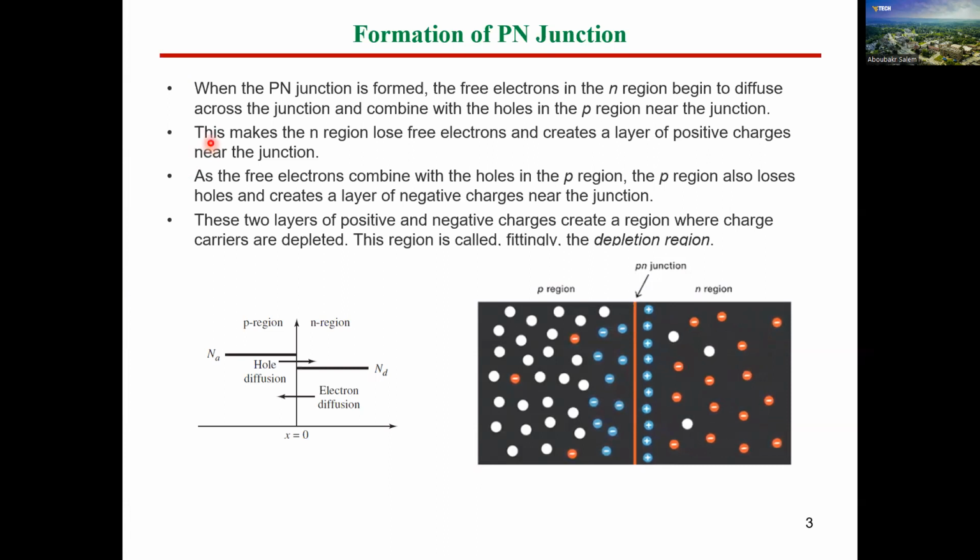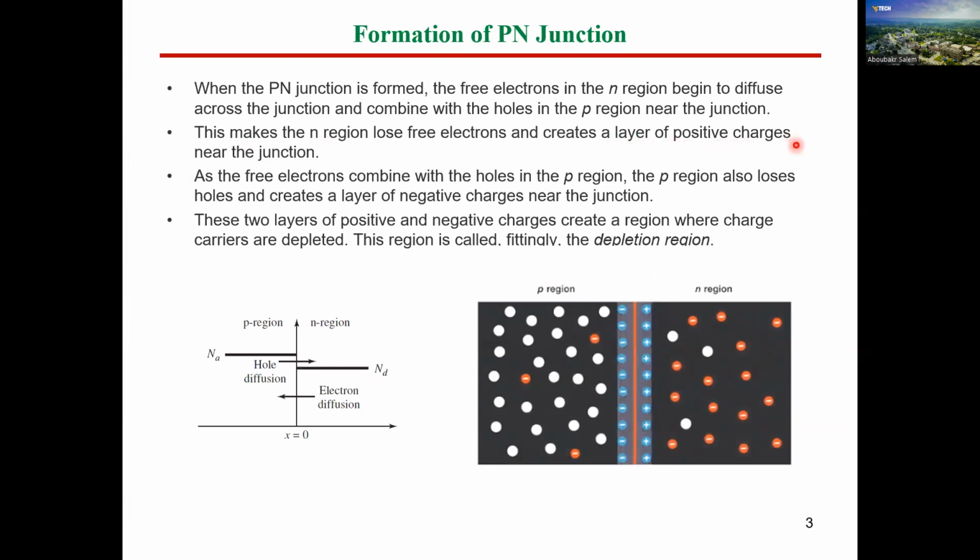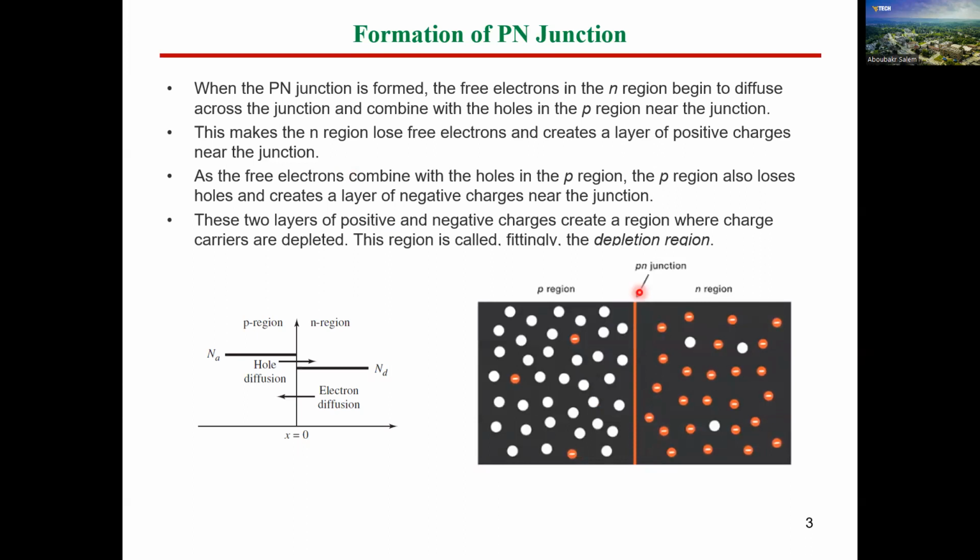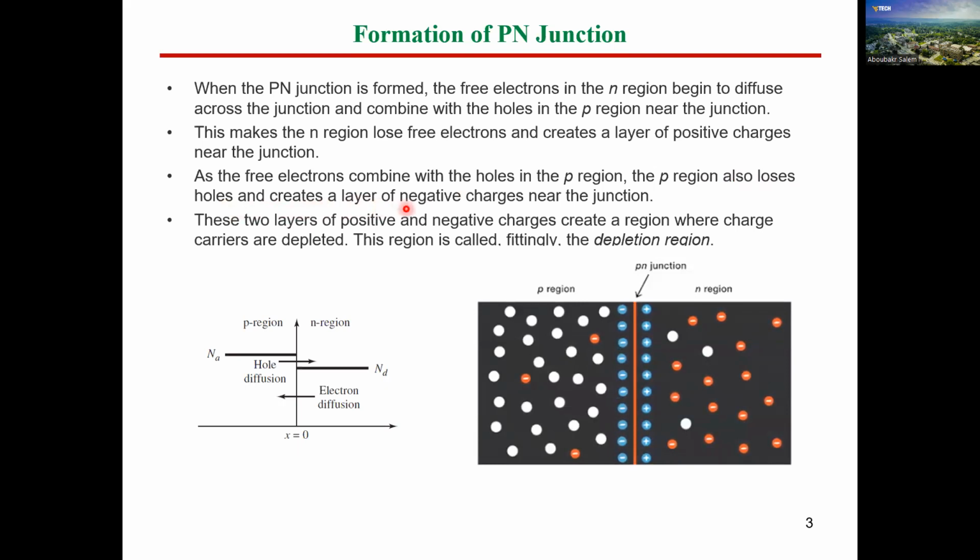The discussion again here: this makes the n region lose free electrons and create a layer of positive charges near the junction. So the positive charge layer is created on this side. And as the free electrons combine with the holes, the p region also loses holes and creates a layer of negative charges near the junction, in this part.